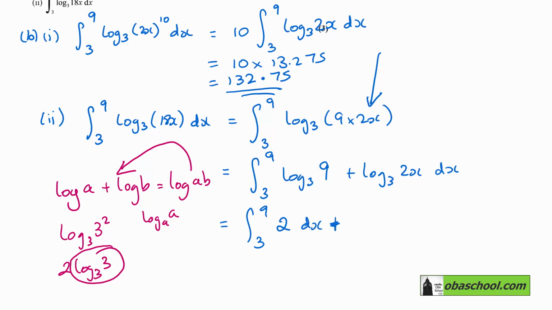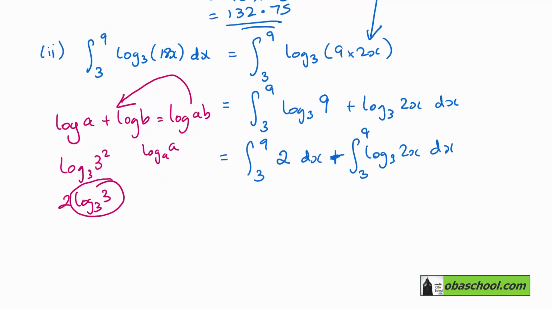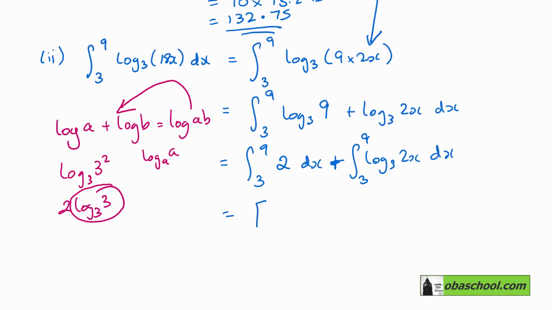And then we have the integral of log to the base 3 of 2x dx. And that was the first part of the question. That was part A. So what we have here is 2x to be evaluated from 3 to 9, added to what we know is 13.275.